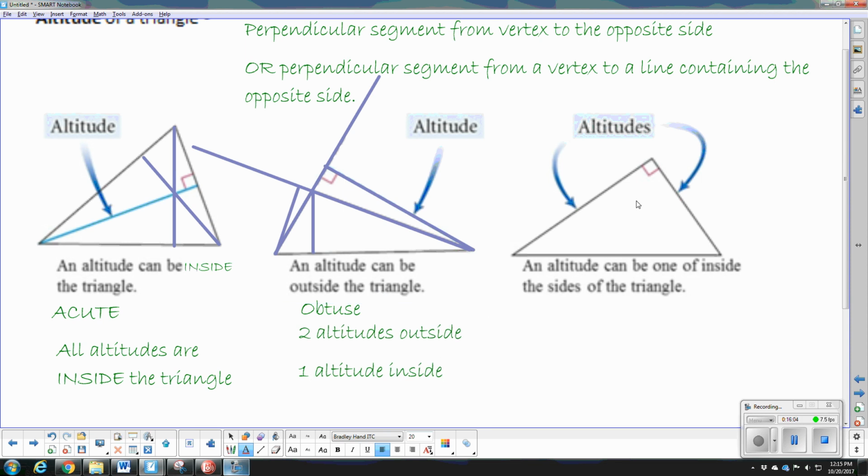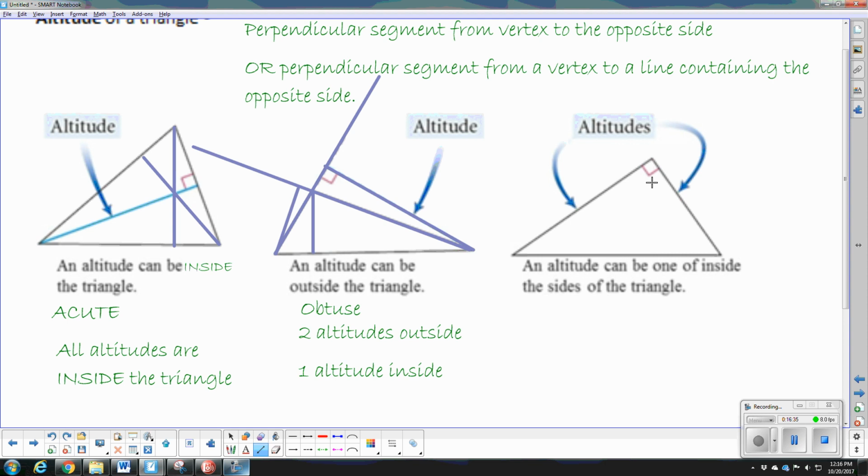And then the last one, this is a right triangle. And so two of the altitudes are actually the sides. So from this vertex, perpendicular to the opposite side here, that actually is one of the sides of the triangle. And from this vertex, perpendicular to the opposite side, that also is one of the sides of the triangle.